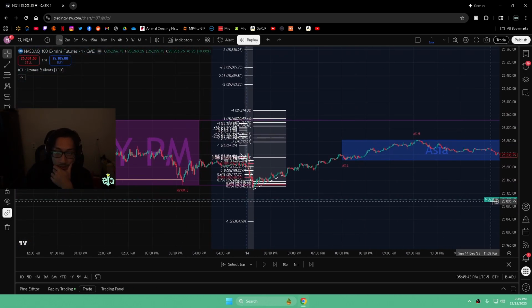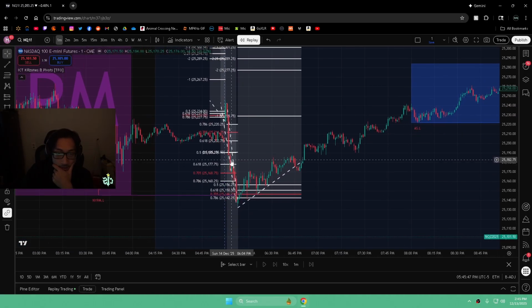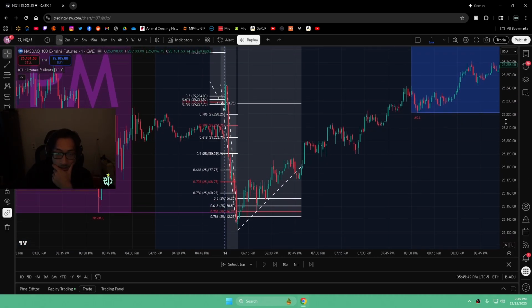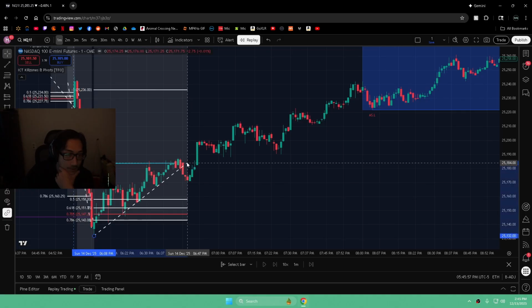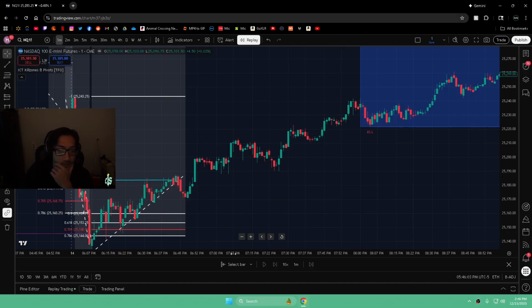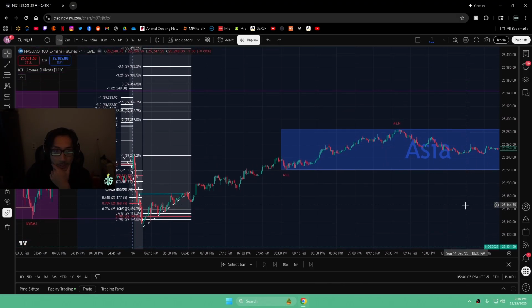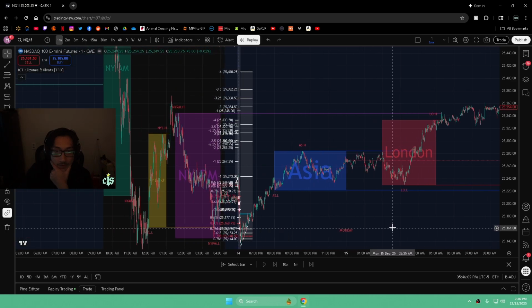Doesn't work because of that wick. Okay, I understand it. So when your body closes above the higher high, right? When does it do it? At this one. Okay, it bodied above, so we do wick to wick on this, just because it's our range. Okay, let's see what happens.